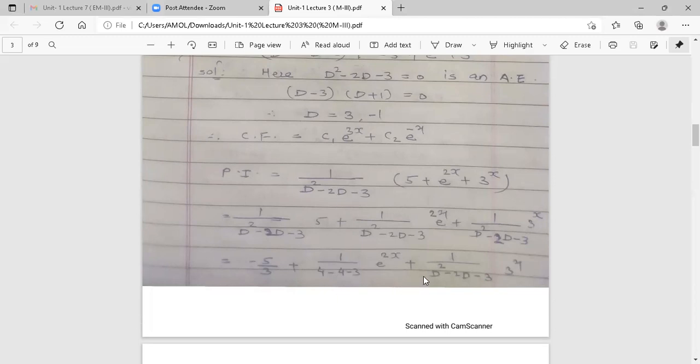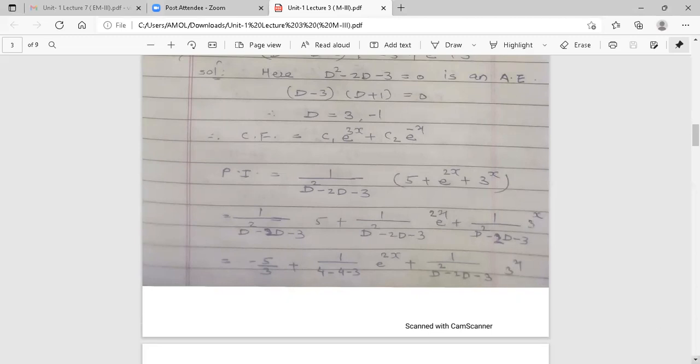Now the next term, the function is 3 raised to x. It is a function in the form of a raised to x. When the function is a raised to x, we replace d by log of a. Now the value of a is here 3. So replace d by log of 3.